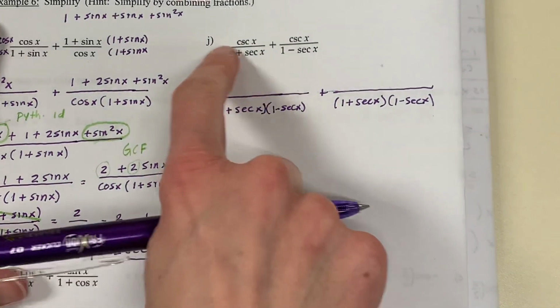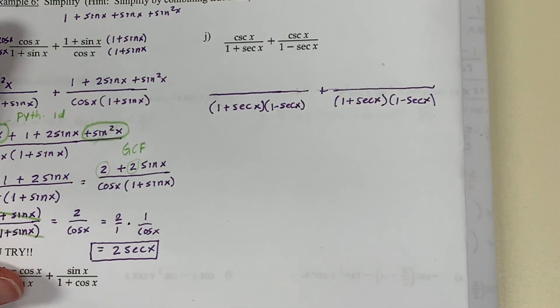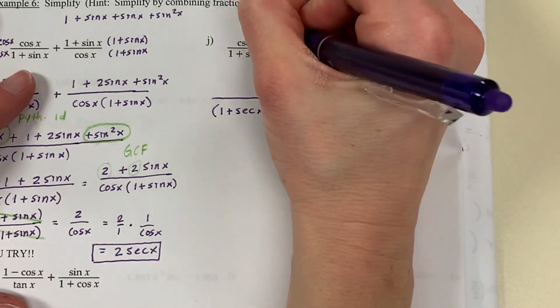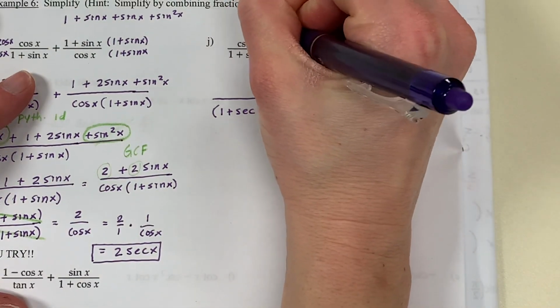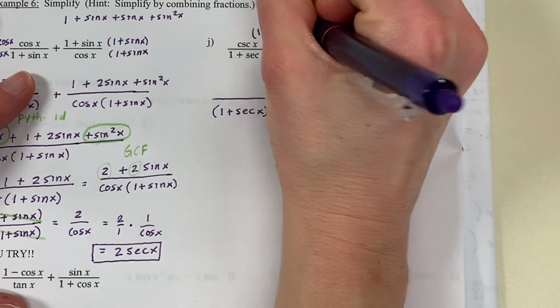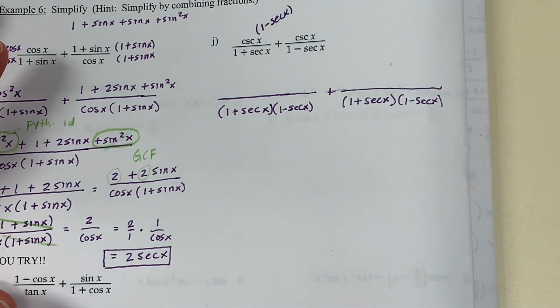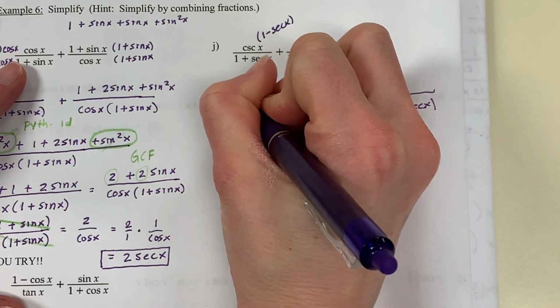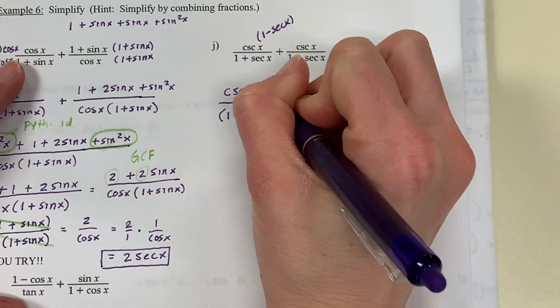Now, in my numerator, I need to go through each of my fractions and determine what I need to multiply by in order to get my common denominator. So for my first one, I have 1 plus secant x. That means I need to multiply top and bottom by 1 minus secant x. I'm going to just keep it as it is, and I'll change it later if I need to. So I have cosecant x times 1 minus secant x.